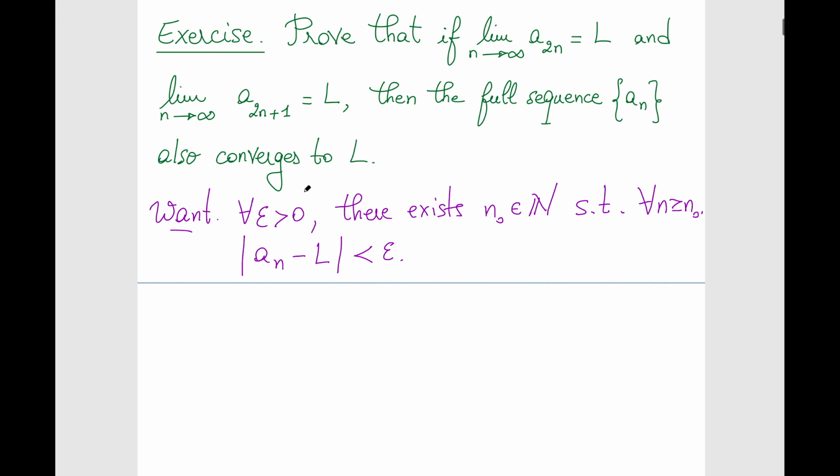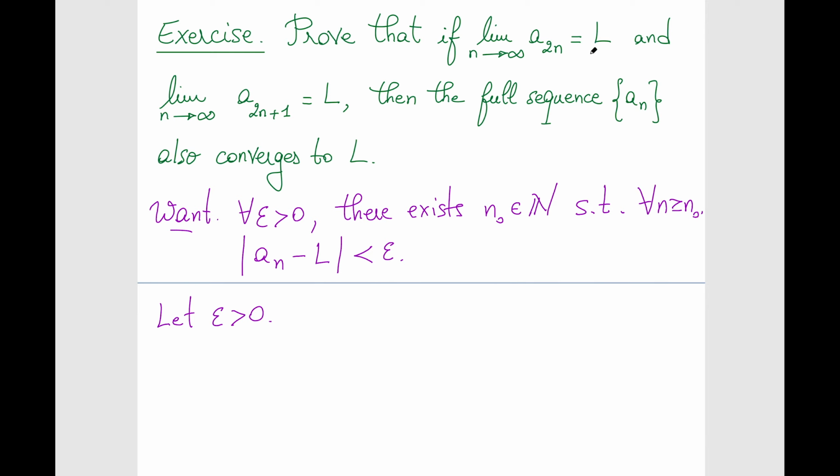All right, so our job is to choose an arbitrary epsilon, and based on that epsilon, we want to find a rank from which on this happens. So let's fix an epsilon that's positive. For this epsilon, what do we know?